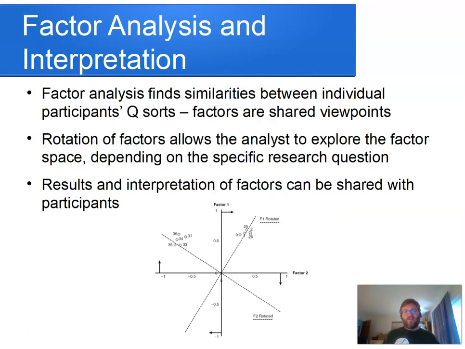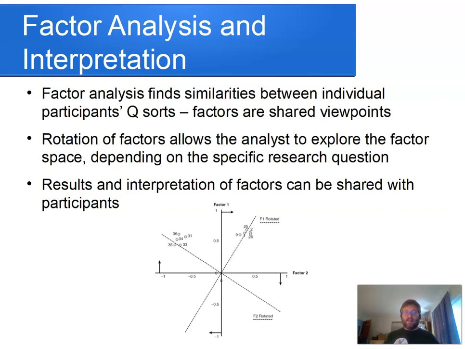So once we've gathered these Q sorts, once people have ranked these statements and we've recorded their ranking of them, we can then apply factor analysis. So factor analysis will take this list of rankings from each person and we're going to apply it in the Q direction. If you think back to that little data table at the beginning, instead of an R method factor analysis, where we look to correlate the different statements and see that statement 1 and statement 2 tend to get ranked similarly, we're going to correlate the people.